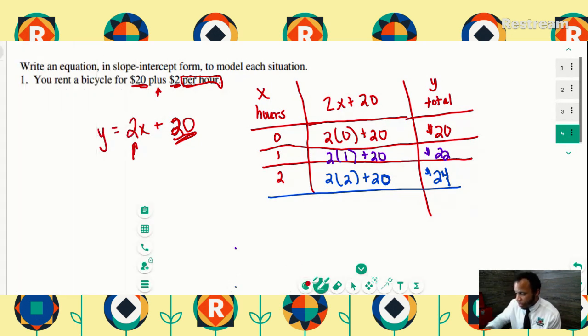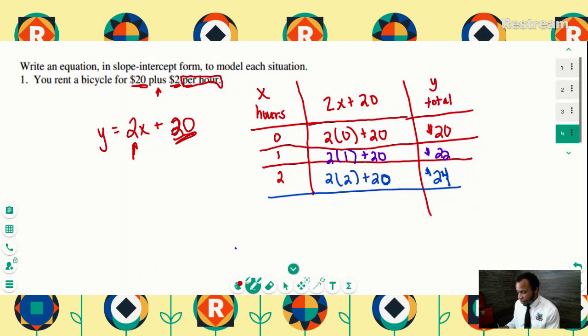So if you're going to keep this bike 24 hours, guess what the only thing is going to change in this whole function here? The number in the parentheses, right? So there are 24 hours. We have $2 times this 24 plus 20. Now, some of you may not know off the top of your head, but we can use our calculator and we get 2 times 24.